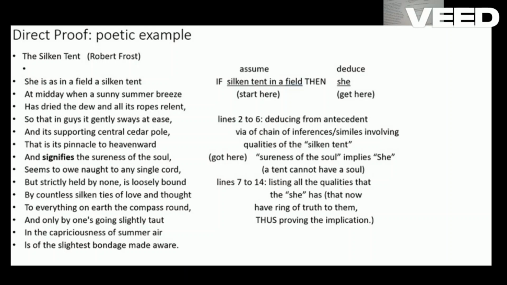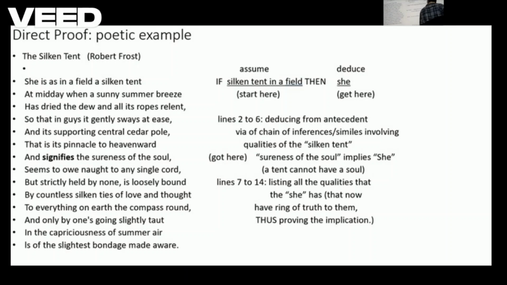All right. So what I did this morning is, I'm like, okay, if this is a simile, what happens here is that it's easier. This is a key point in math proofs. It's easier to move from the silken tent to the she rather than from the she to the silken tent.